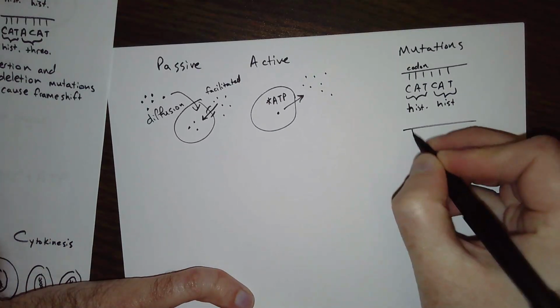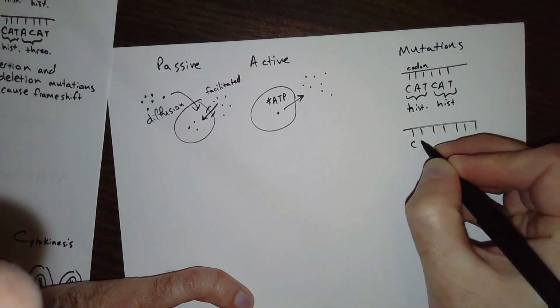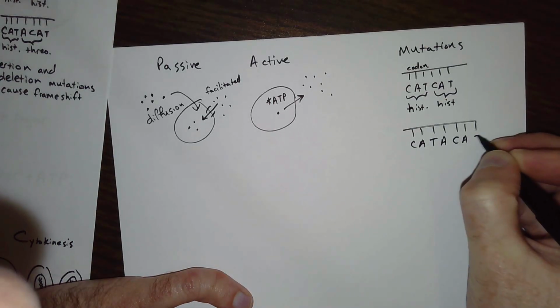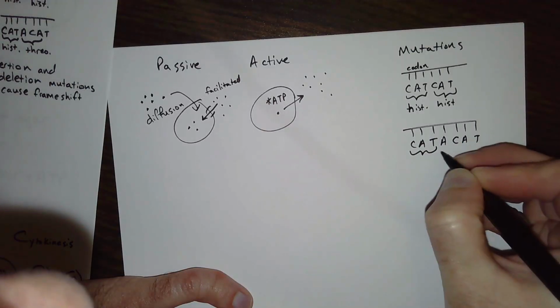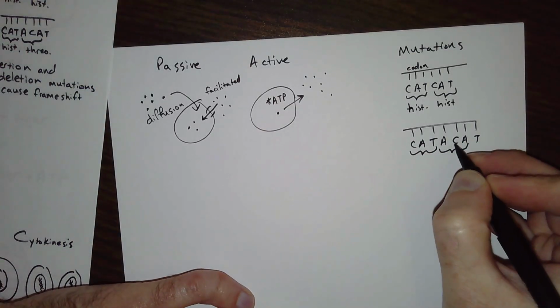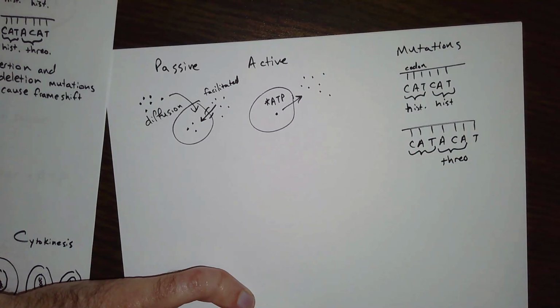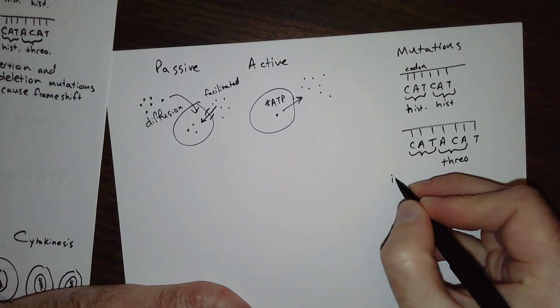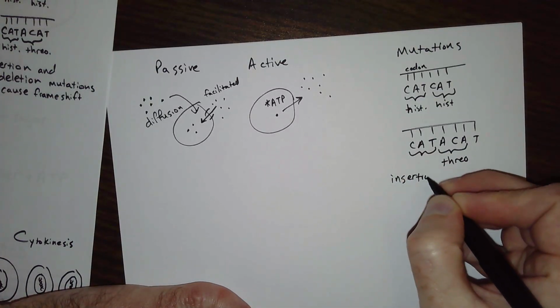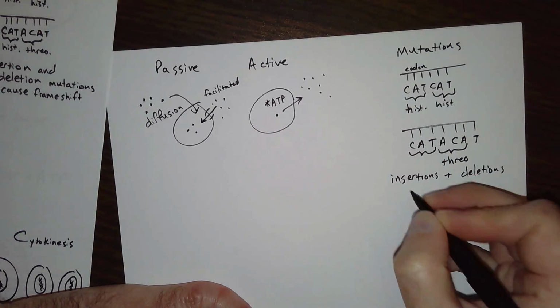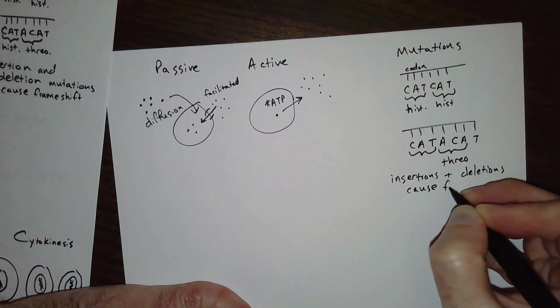But if we change it up and add an extra letter, now it says cat, a cat. Since these are read 3 at a time, now instead of CAT we have ACA. This codes for threonine. And that's going to be very different. So what I want you to remember is that insertions and deletions cause frame shift.